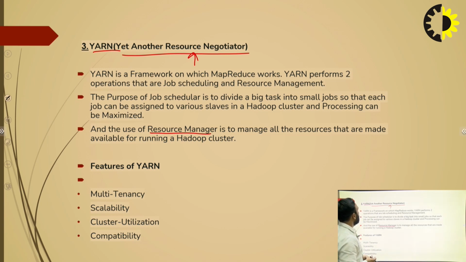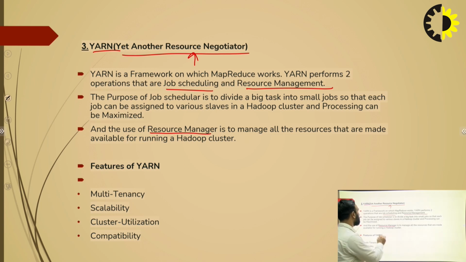YARN is a framework on which MapReduce works. YARN performs two operations: job scheduling and resource management. Job scheduling is a topic of operating systems, but I will take an overview of it here.